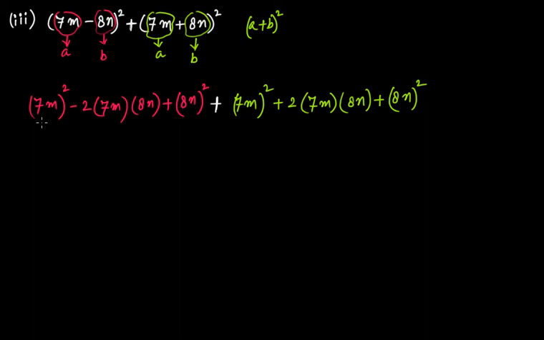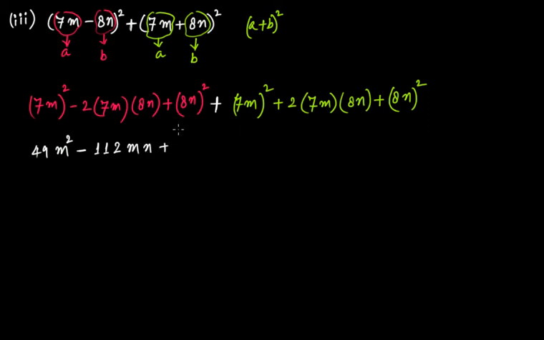This becomes 7 times 7 is 49, so 49m squared, minus 2 times 7 is 14, and 14 times 8 is 112, so 112mn.